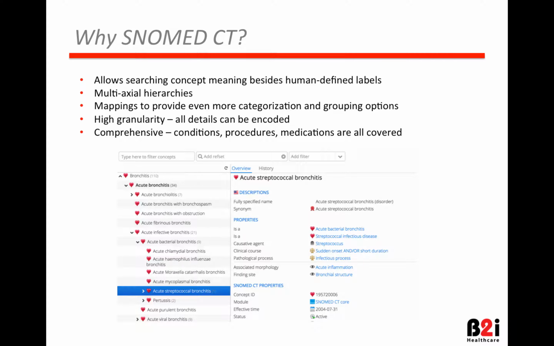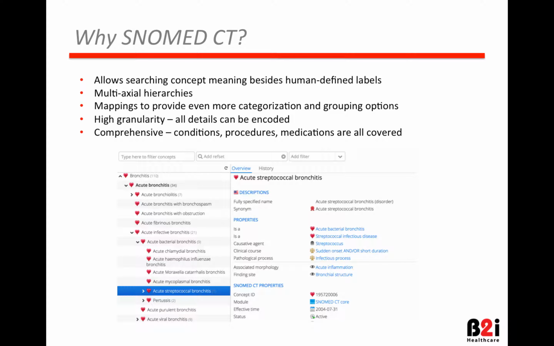So we can search for this concept by querying causative agent and retrieving concepts that are caused by the same causative agent. For this example, this is streptococcus. Similarly, we could query by finding site and retrieve all the diseases that affect the bronchial structure.